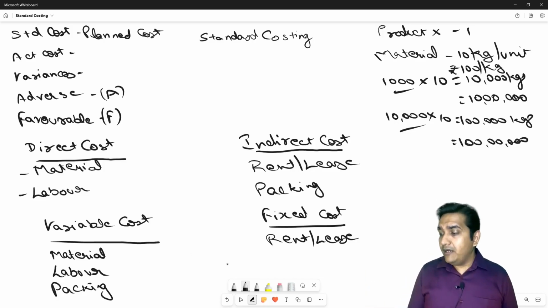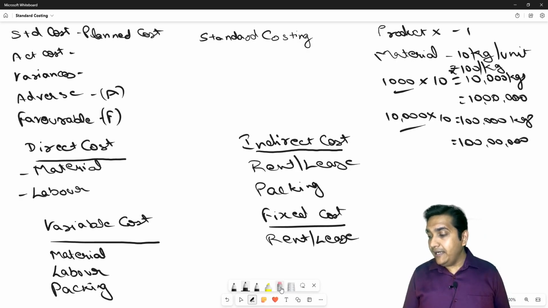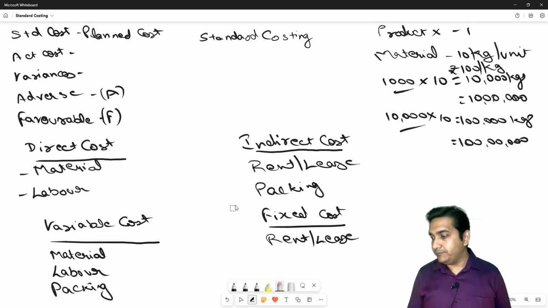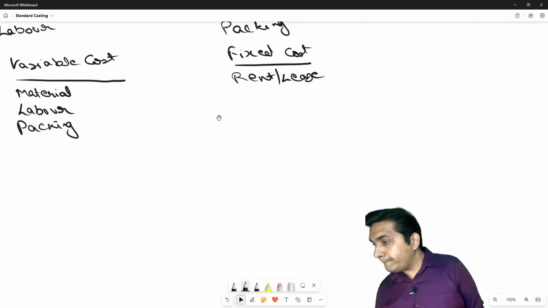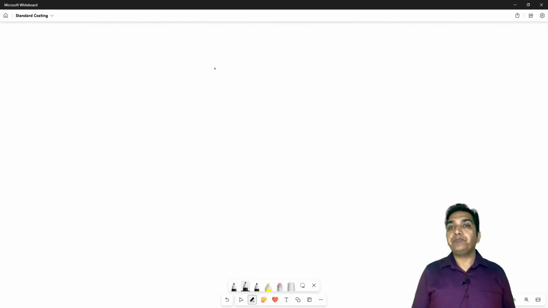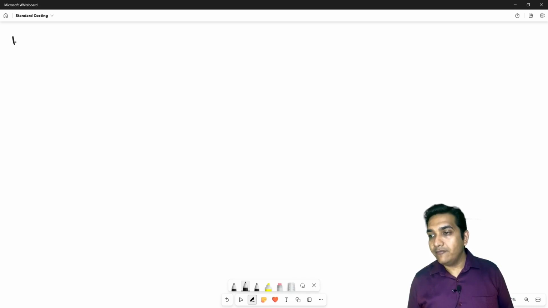Now moving on, let's understand in depth what are the different variances which we find in standard costing. So now I told you we have cost called material, we have cost called labor, right?